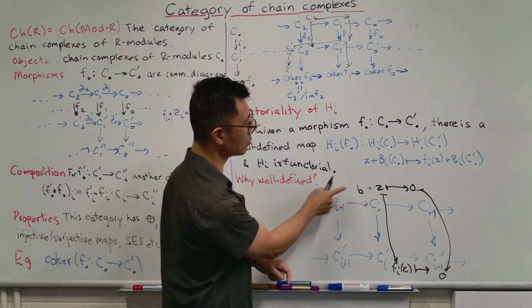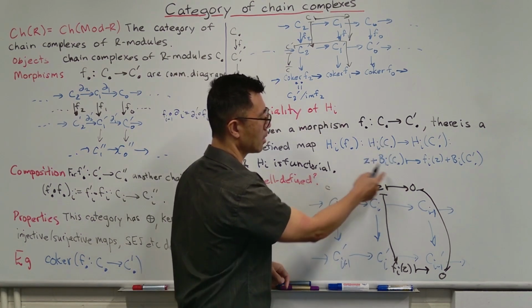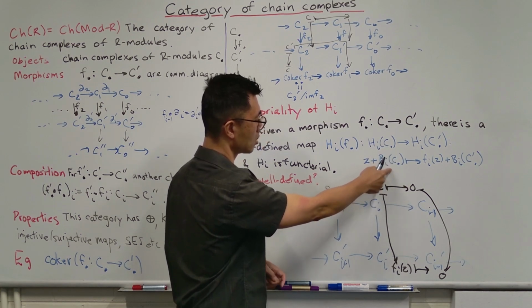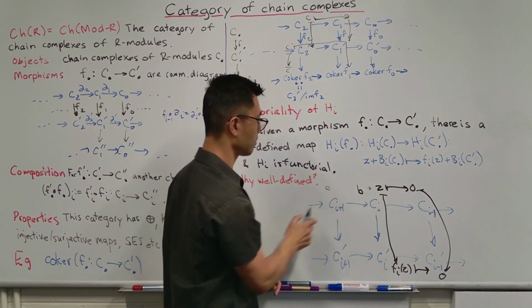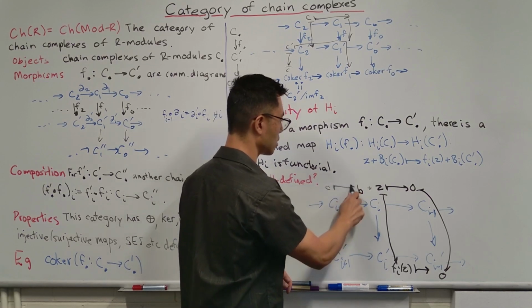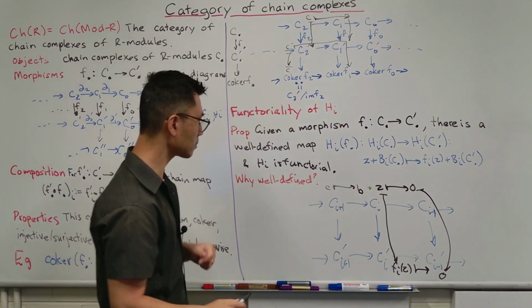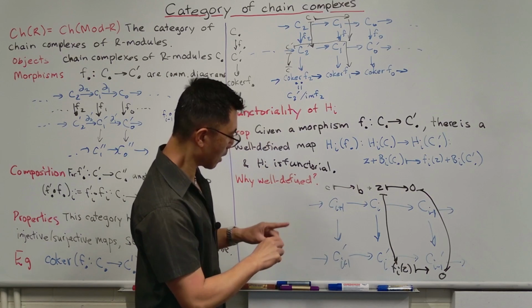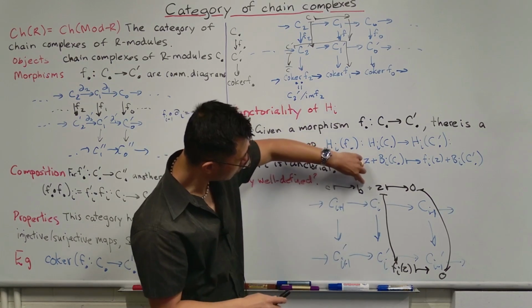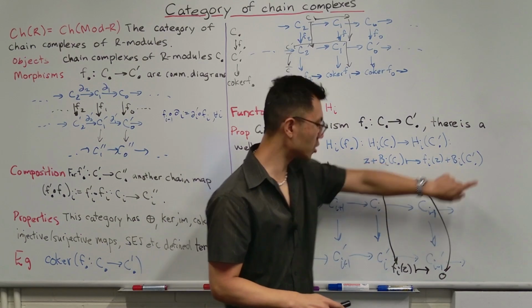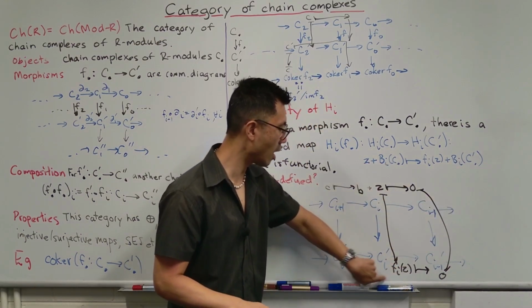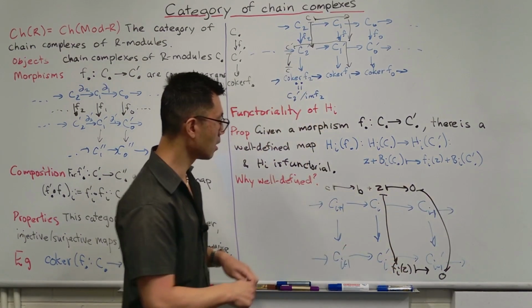This submodule here is just the image of this differential. So this C maps to this here. Now, what's the difference when you map to here? Do I get something that's still in the same homology class? Are they in the same coset?